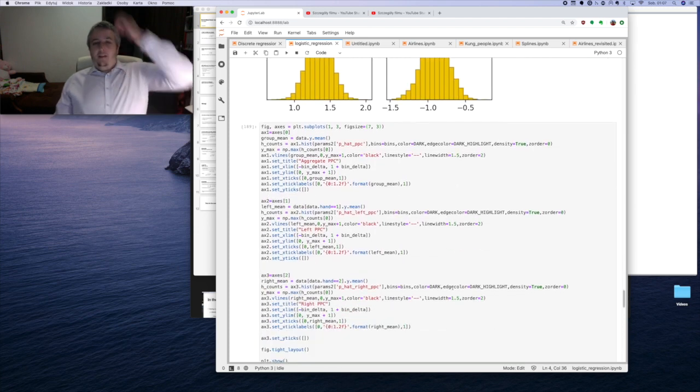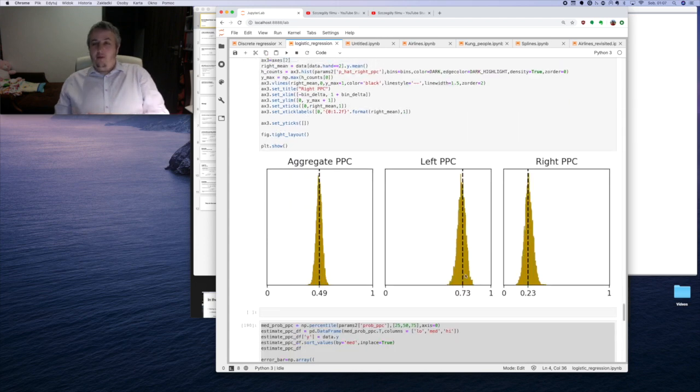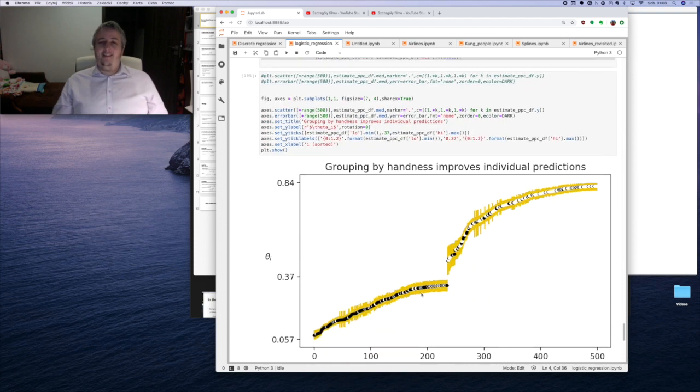And how does it correspond to our group assignment? It corresponds very well. Our model now recognizes each group because it has different intercepts which move the probability from one to another. And that, on the other hand, is very important when considering the individual predictions.